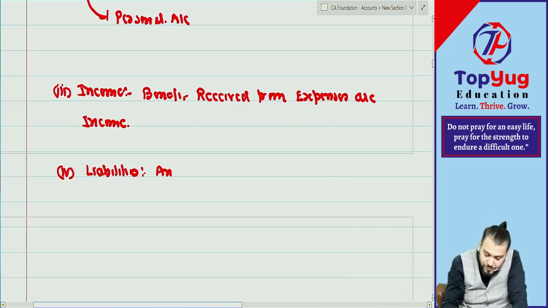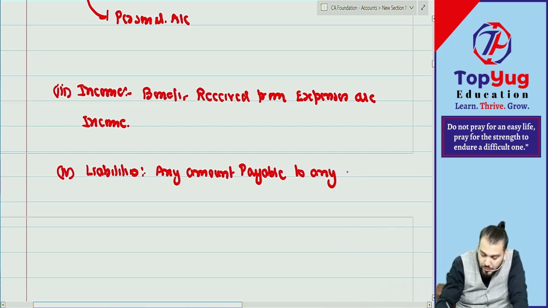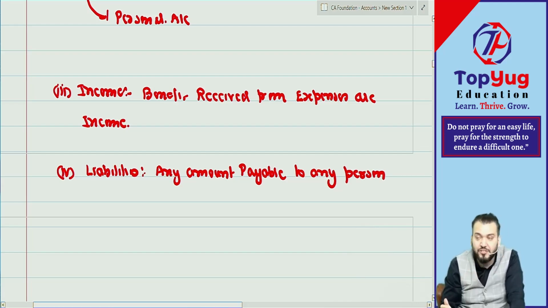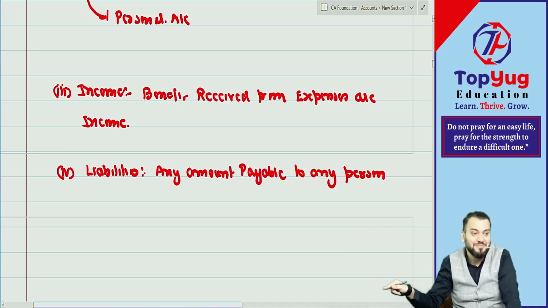Any amount payable to any person other than owner. So that person is other than owner. Means any amount payable to owner becomes capital.